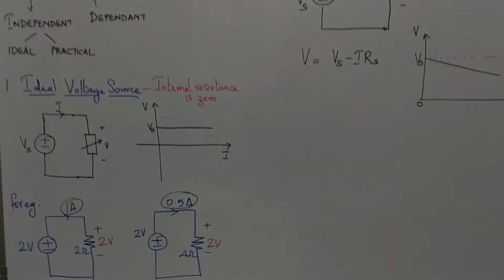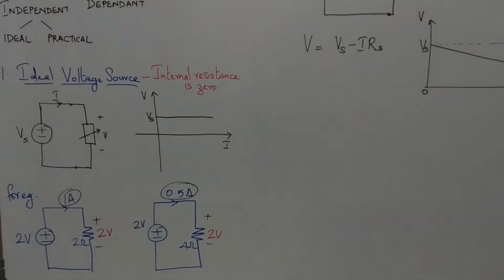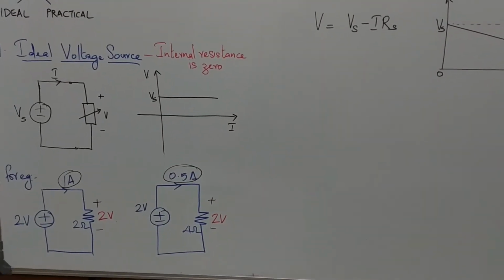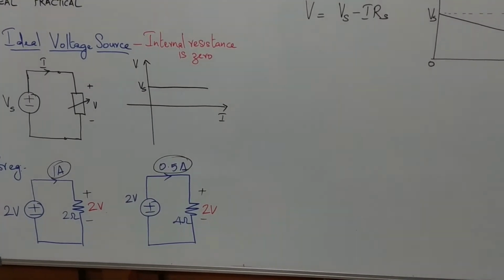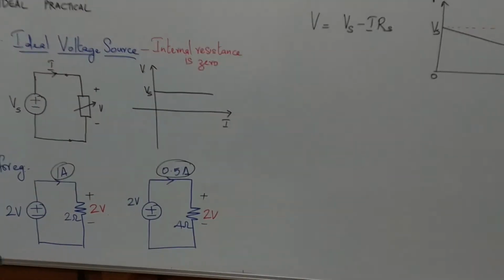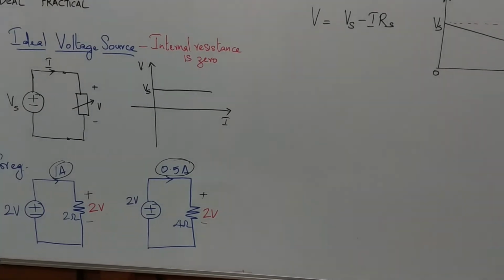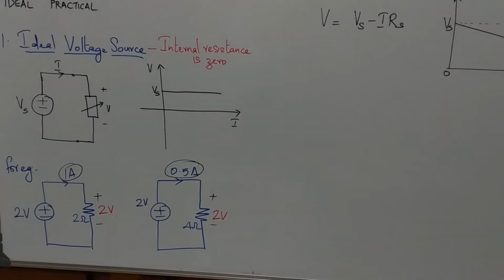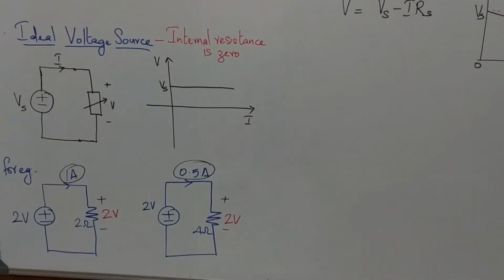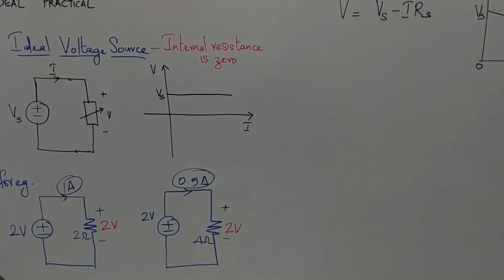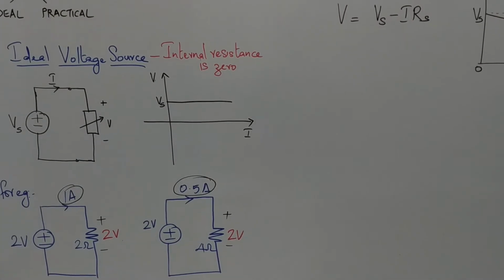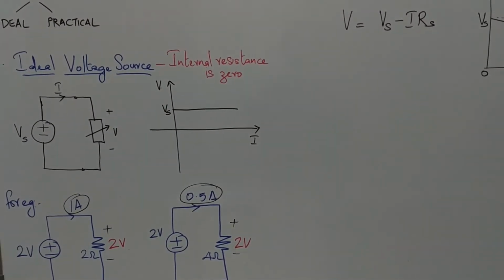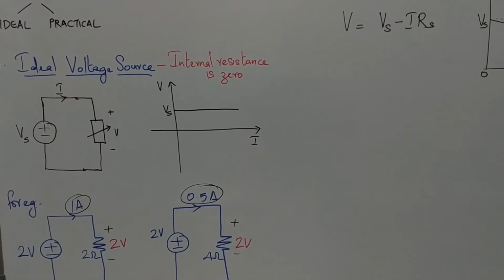Now the ideal voltage source is shown here in the figure. For an ideal voltage source, the voltage it provides is completely independent of the current flowing through it. That is, as you can see in this graph, the voltage V, which is the voltage drop across the load, is always constant.